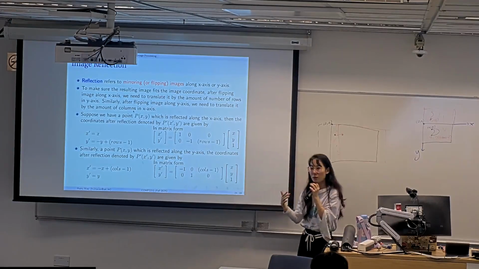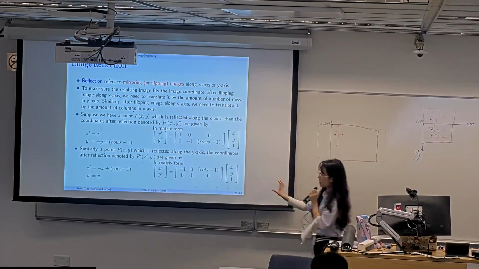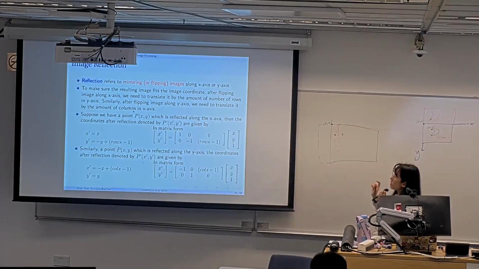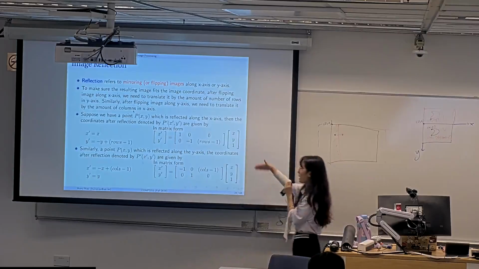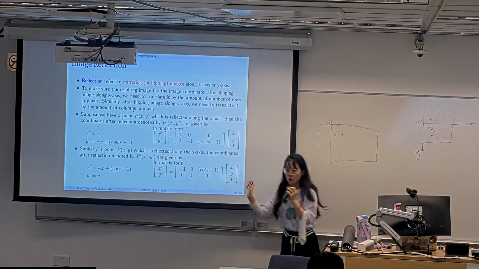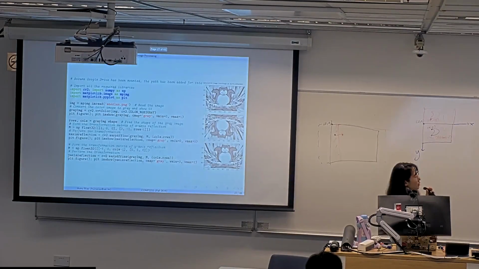Rewrite it into the matrix multiplication form. We get something similar like this. After that, we have derived an affine transformation big M for reflection along x and reflection along y. And then we can use OpenCV with warpAffine to implement it. So this is how we do that.